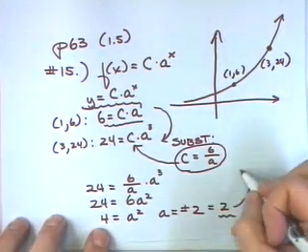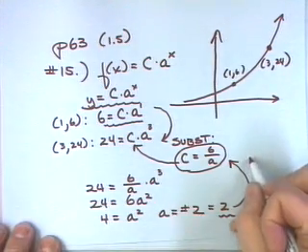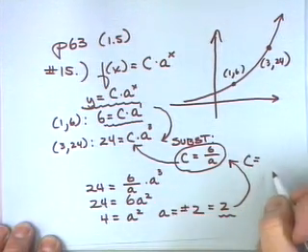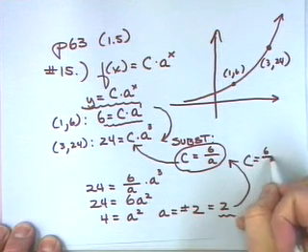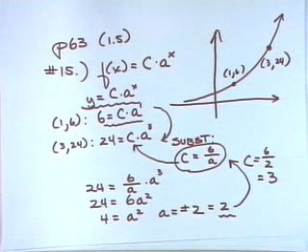And if A is 2, then we can come back to this interrelationship between C and A. If C is 6 over A, C is what? 6 over 2, which is 3. Are we in business now? The two things we didn't know, we now know.